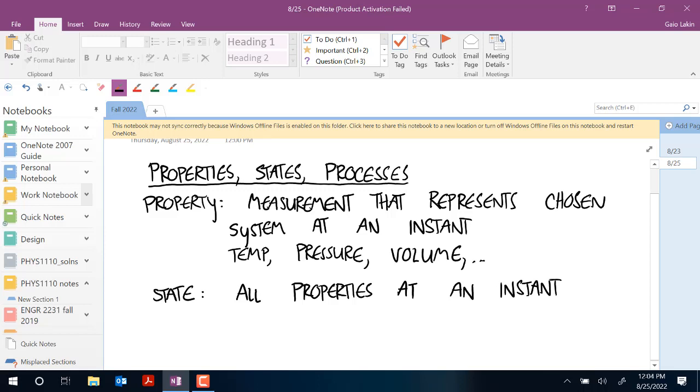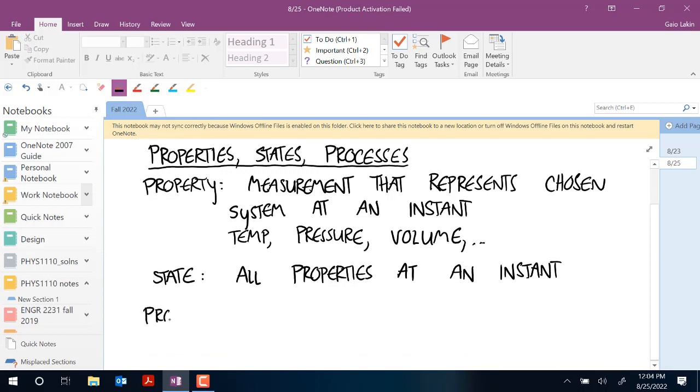So, excuse me, the air in this room right now is in a certain state. It has any measurement you want to take. It has all that stuff, a temperature, a pressure, it has volume, and all that stuff together describes the state of the air in the room.